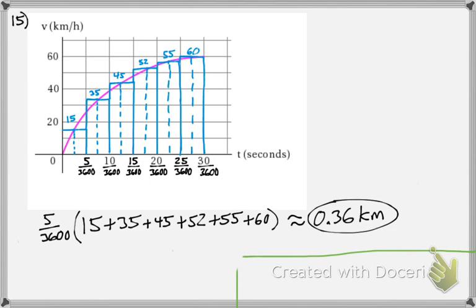Another thing is that when I'm calculating these values here, I'm just estimating them off to the side about where it's approximately at. So when you're going through this on WebAssign, if your estimate is a little bit off, WebAssign should still accept it.